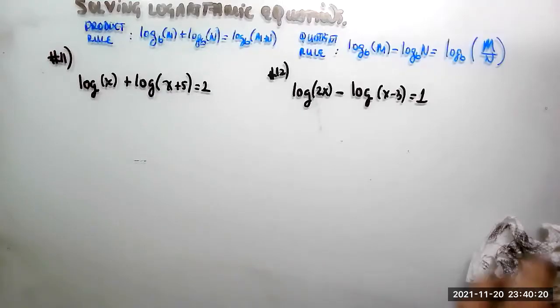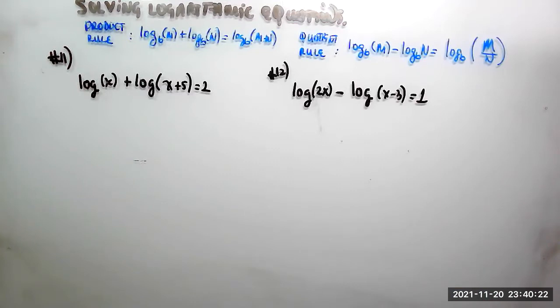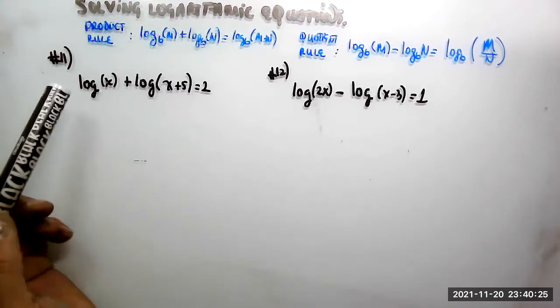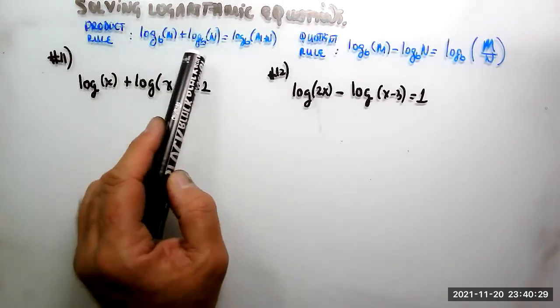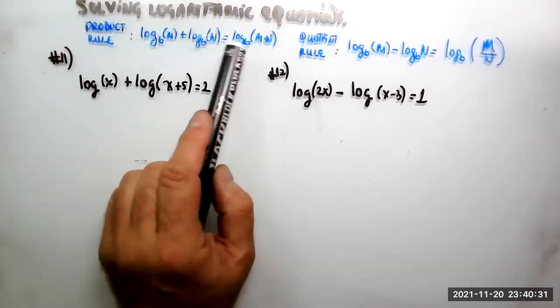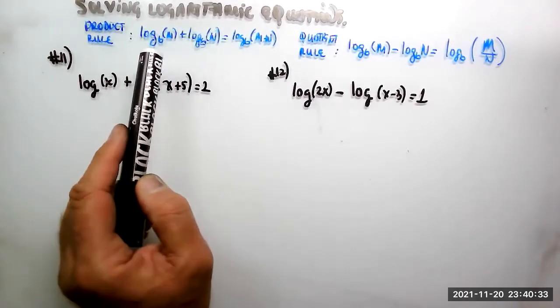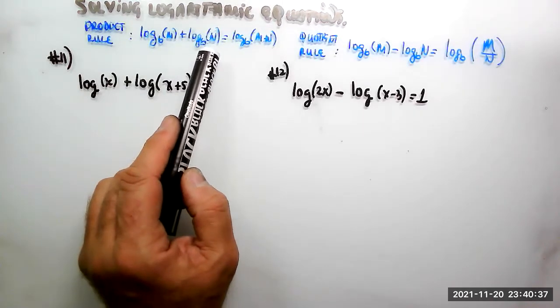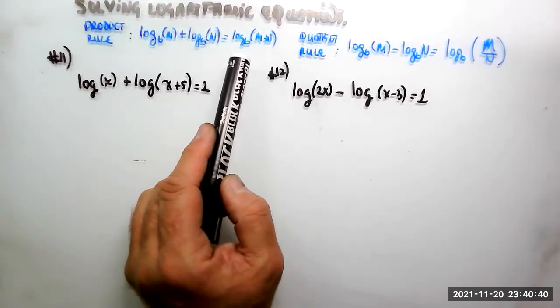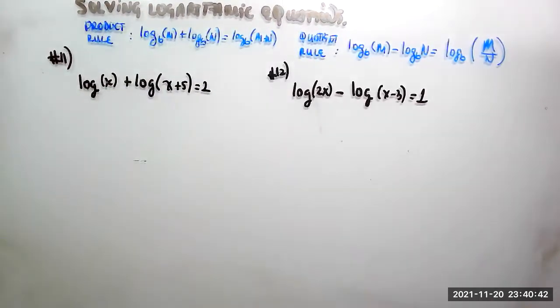For the next 2 examples, we are going to use the following rules. If you recall the product rule, when we are adding 2 logs of the same base, we can multiply the arguments. Thus, log base b of m plus log base b of n equals log base b of m times n.